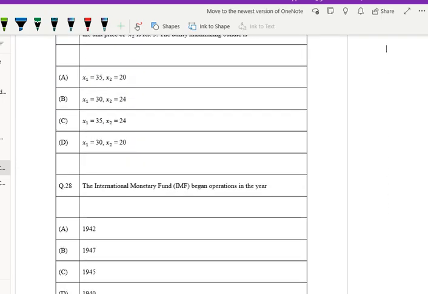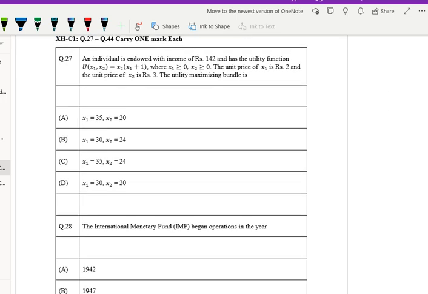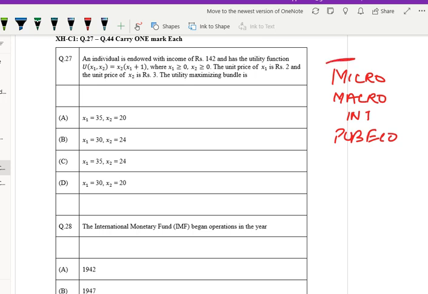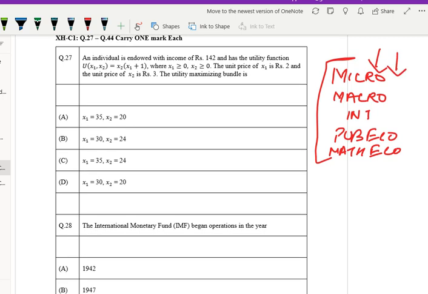Okay, here we are with the first question. I hope you are aware of what economics comes with: micro, macro, international, public eco, and math eco. So an individual is endowed with income of rupees 142 and has a utility function given.